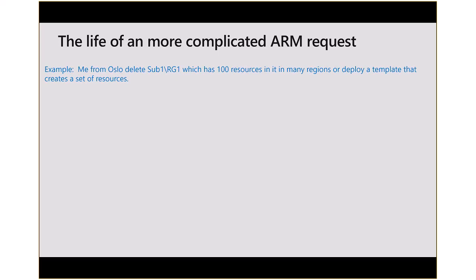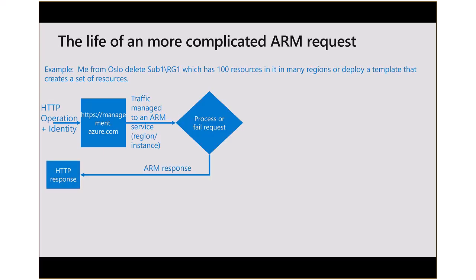They can be deployed from a template. We will talk about how to write these powerful templates in a second. So let's say that these resources are spread across different regions. Again, I'm going to talk to that management API. Again, I'm going to get an HTTP response based on whether my request failed or succeeded.